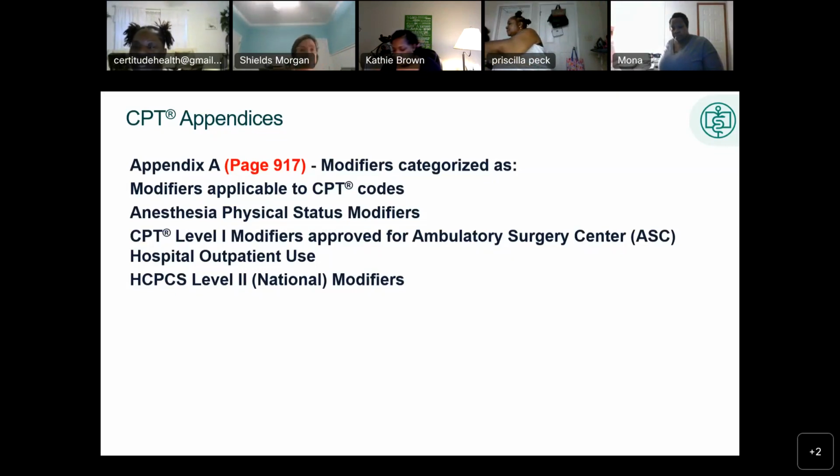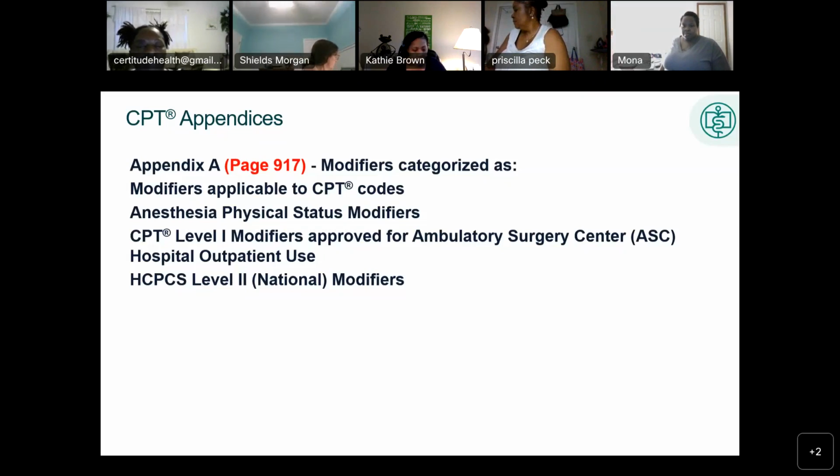There are a few more slides. The remainder of the presentation talks about each modifier in detail. We don't need to do that. It also talks about some of the other appendices in the CPT book that you'll never use, or you may use pertaining to specific sections, like when we go over chapter 20, chapter 19, and I think chapter 16 as well.